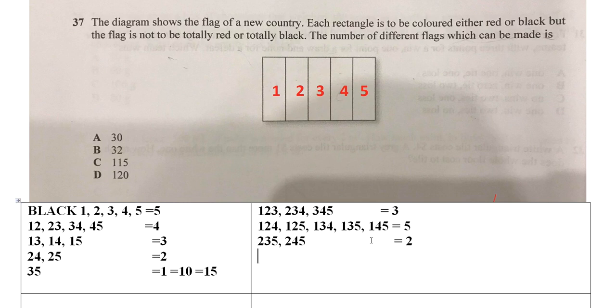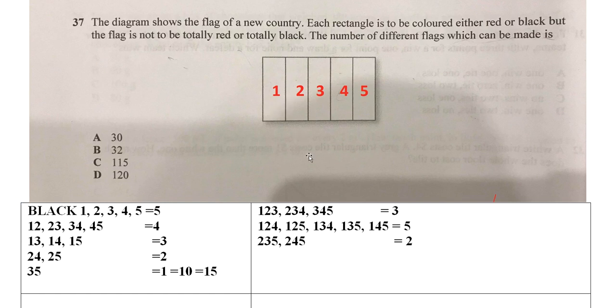Now we start at 3. Obviously we can't, because the only one you could do is 3, 4, 5, and we already have that in our consecutive numbers. And we can't start at 4 because that would only give us a maximum possibility of 2 rectangles.